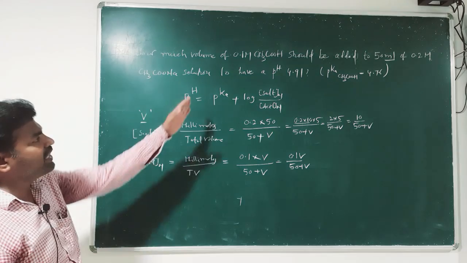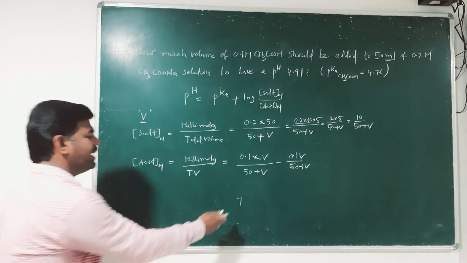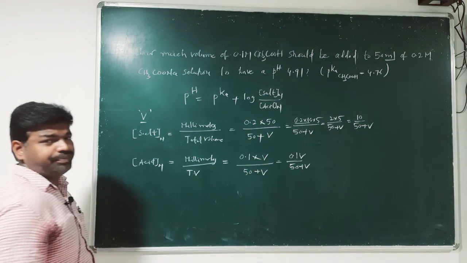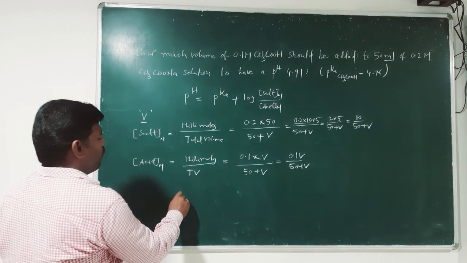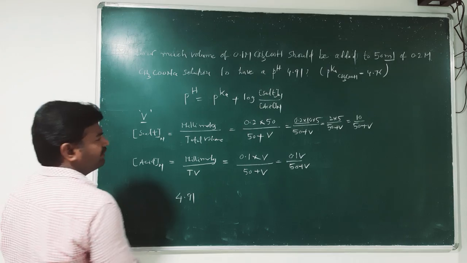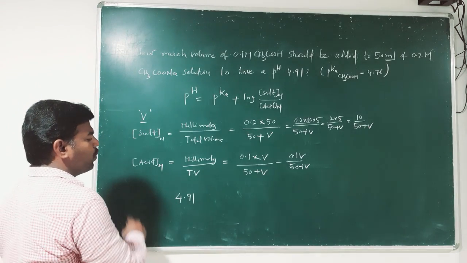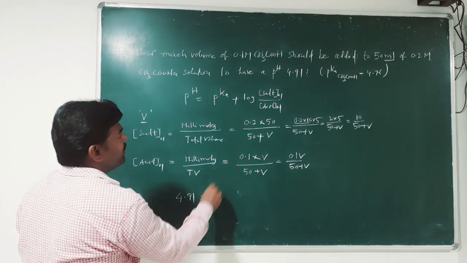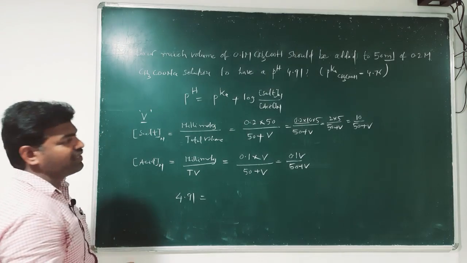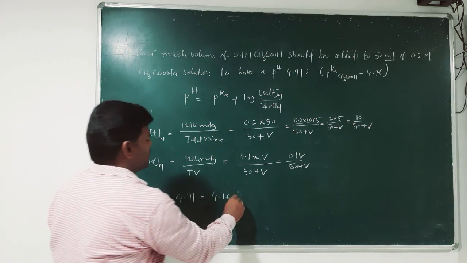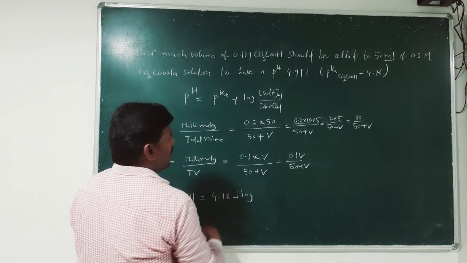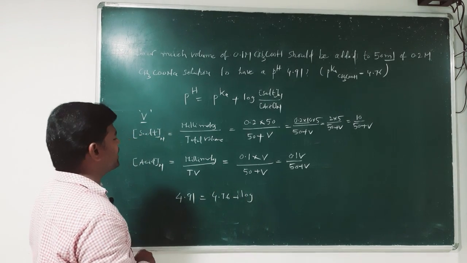Now we shall calculate the pH. They have given that pH is 4.91, and pK is 4.76, plus log concentration of salt by concentration of acid.